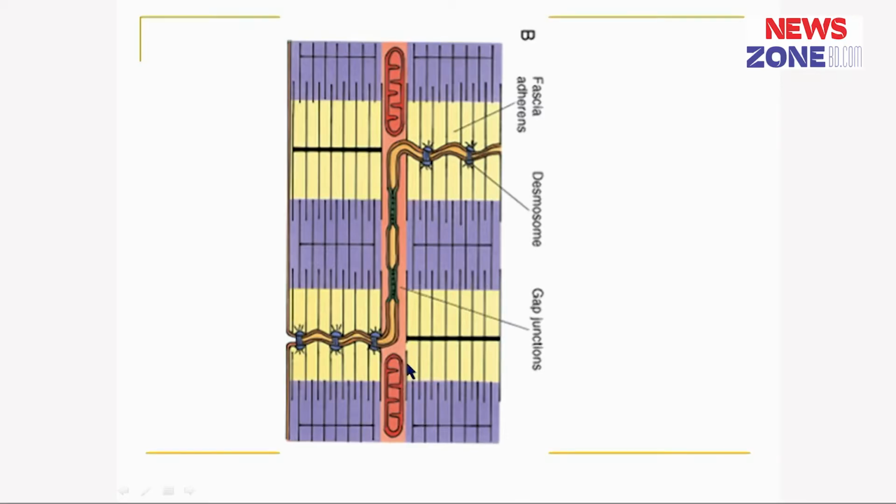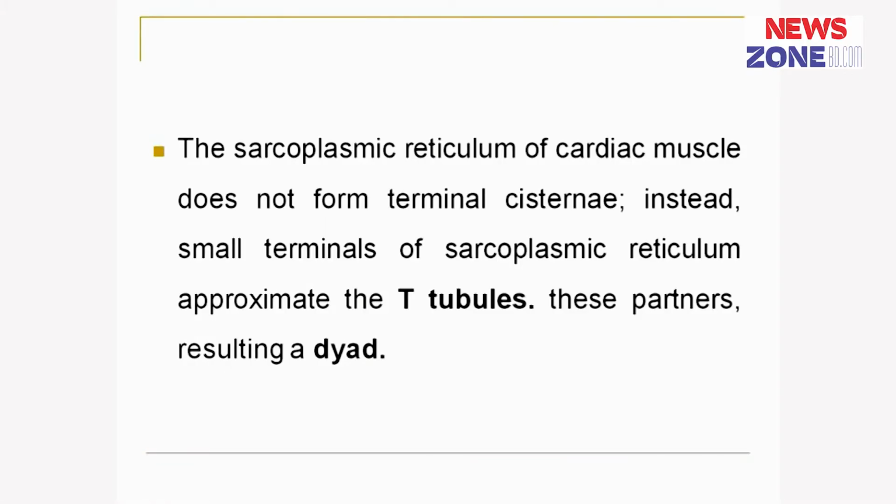This is another figure where you can see these are gap junctions and these are desmosomes and fascia adherens. The sarcoplasmic reticulum of cardiac muscle does not form terminal cisternae. Instead, small terminals of sarcoplasmic reticulum approximate the T-tubules, resulting in a diad.